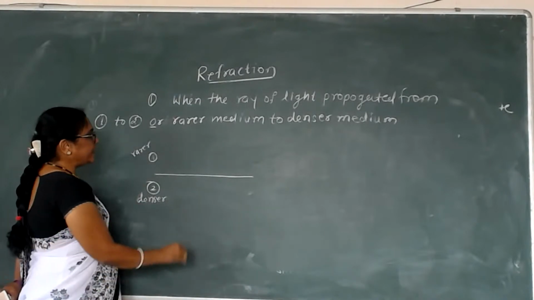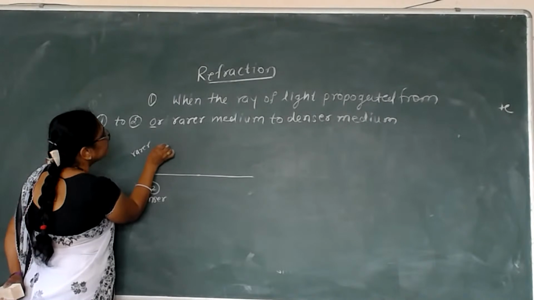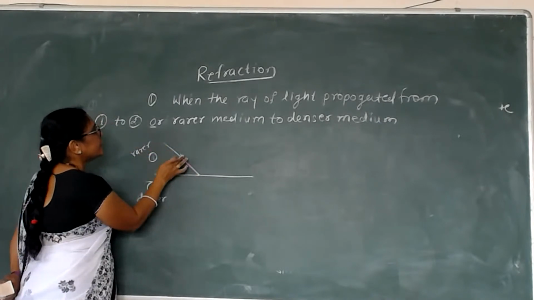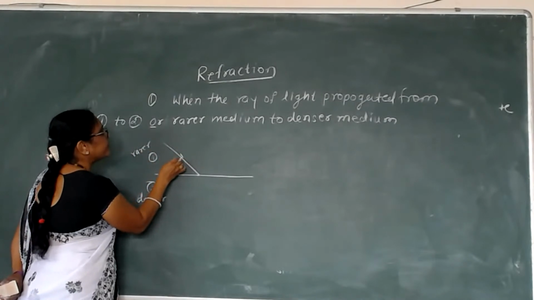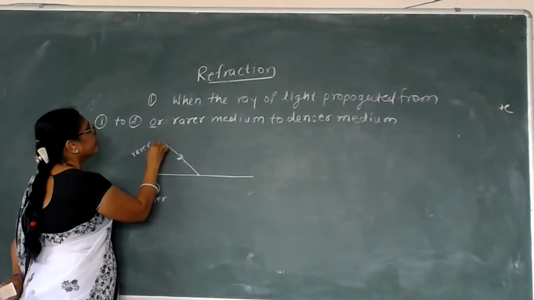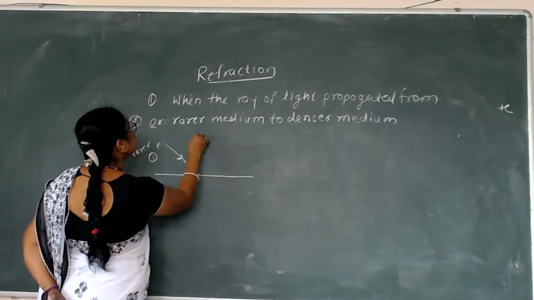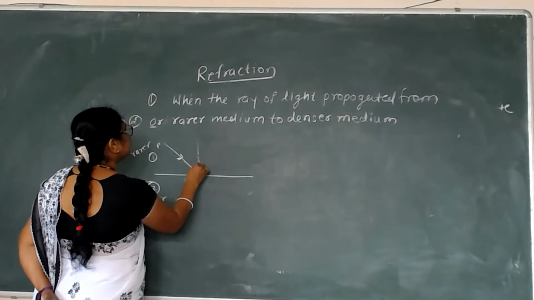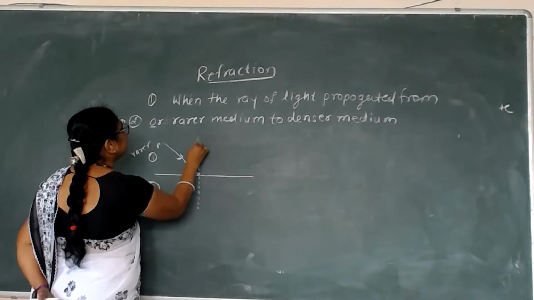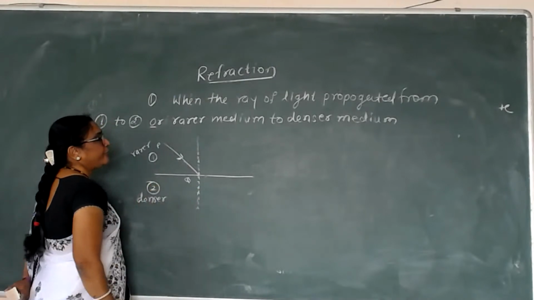The ray of light passes from the rarer to the denser medium. Give the arrow mark. This is the incident ray. Draw a normal at the point of incidence. This is the normal, an imaginary line which is drawn.